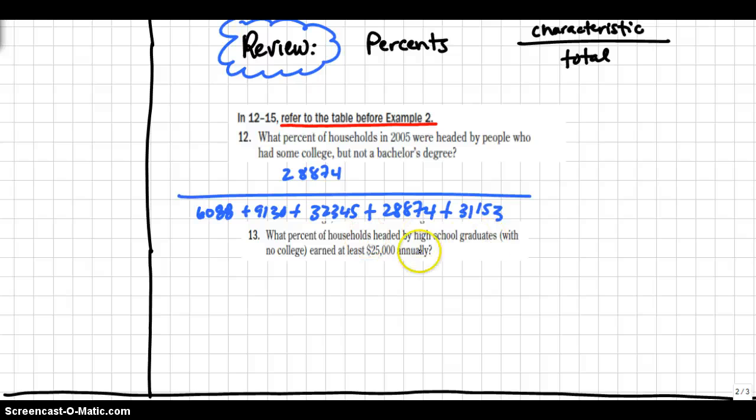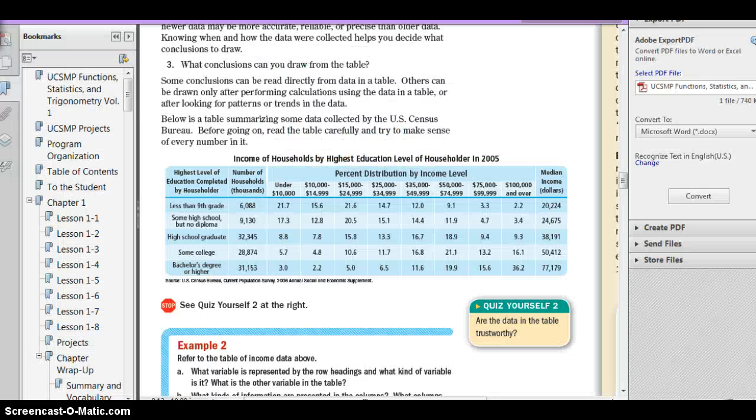That one's going to be calculated a little bit differently from the one above. What percent of households headed by high school grads with no college degree earn at least $25,000 annually? If you look at the title, there's actually several titles in this table. Overall, this is the income level, but some of the table is organized by percent.